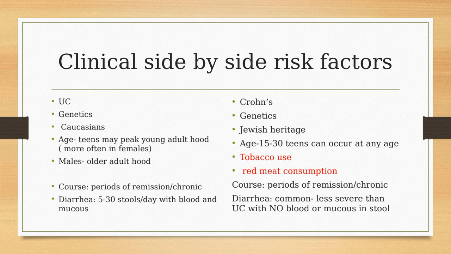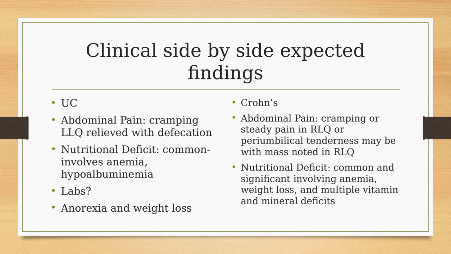Diarrhea is common with Crohn's, but not as severe as UC. You don't have blood or mucus in the stool, but you do have diarrhea. So make sure on your Venn diagram that you specifically understand the diarrhea presentation between the two. All right, some other things in terms of signs and symptoms.